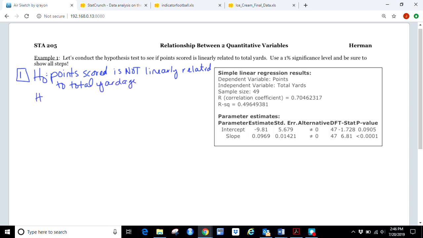While the alternative hypothesis is that points scored is linearly related to total yardage.